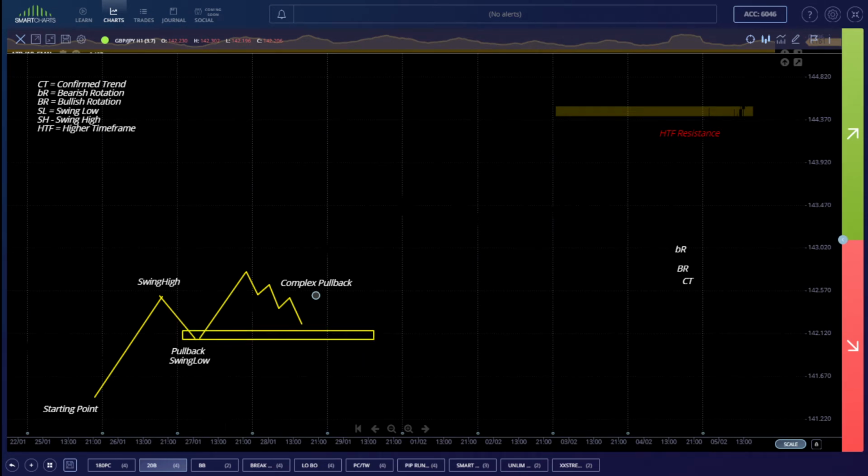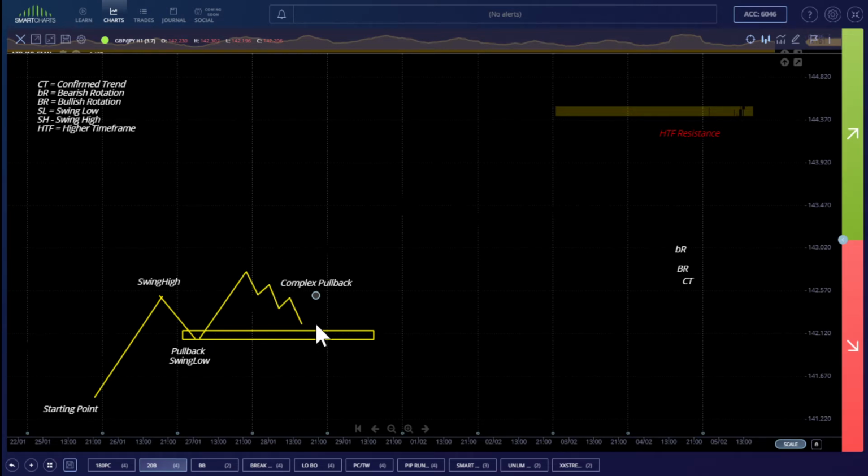And what I mean by broken is candles closing underneath this level. Until that happens, this is still an uptrend, because the market is making higher highs and higher lows. So just to understand, this is a complex pullback.